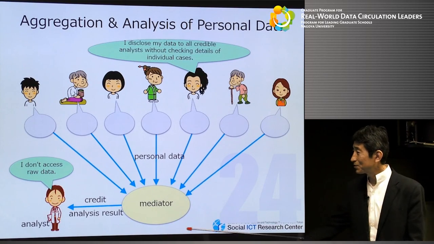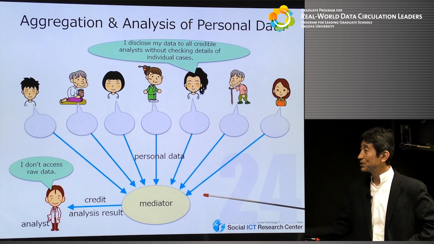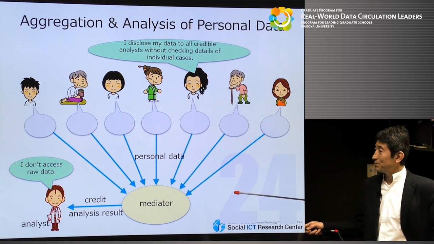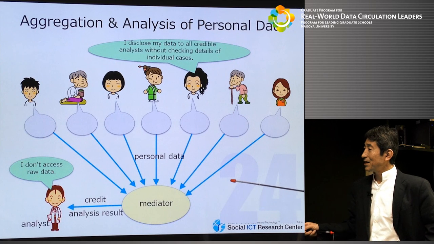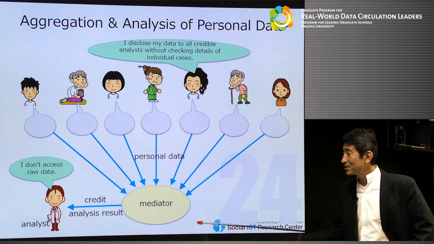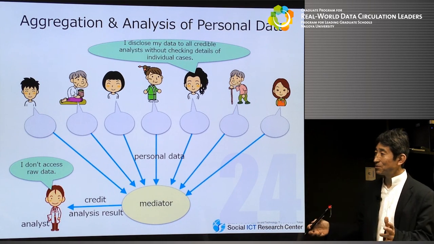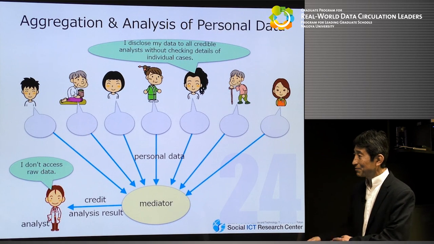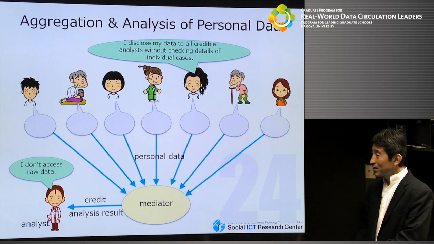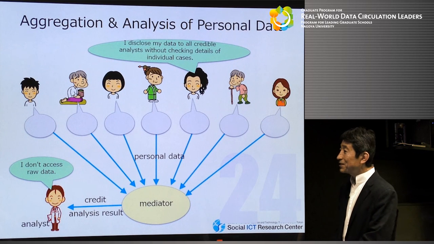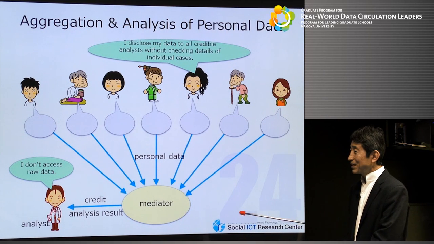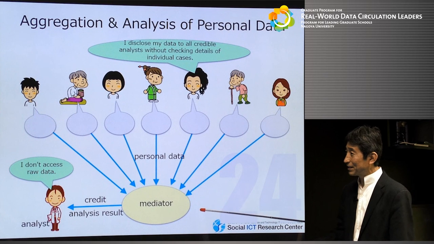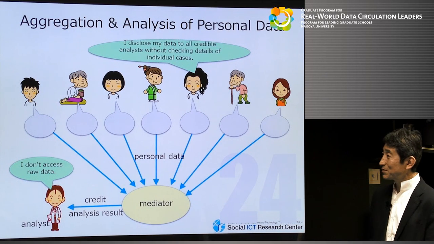So there is going to be a huge, big personal data in here. And the mediator will be able to let some other party who wants to analyze this big data analyze the data without handing the raw data to him.